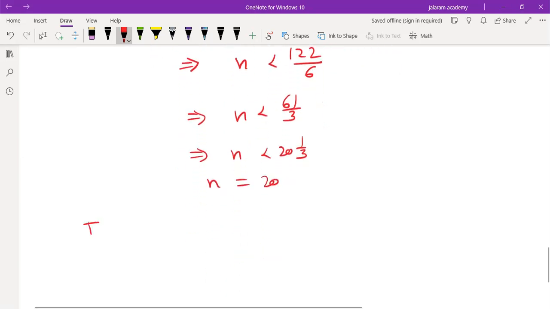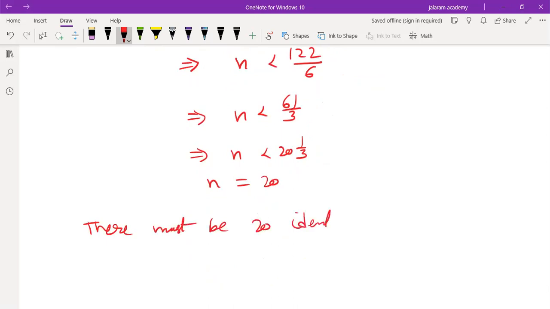So there must be 20 identical terms in the AP.